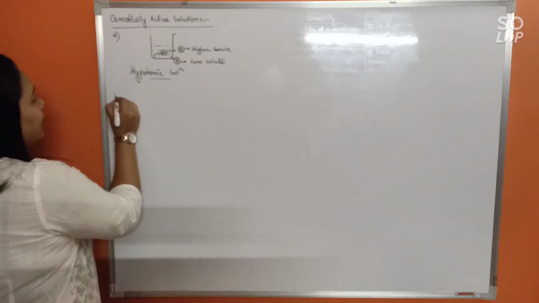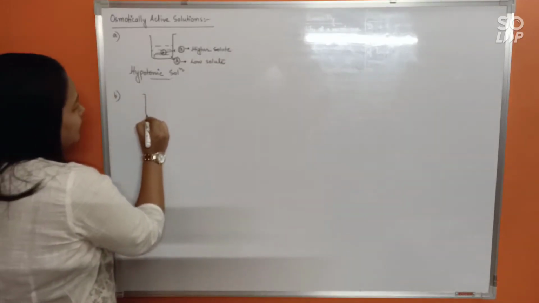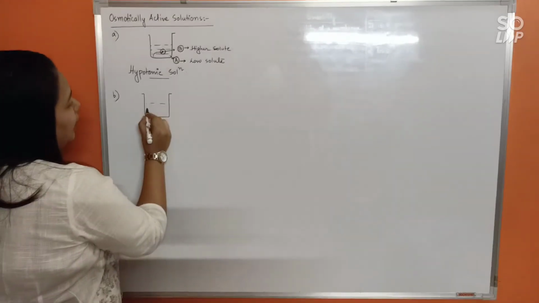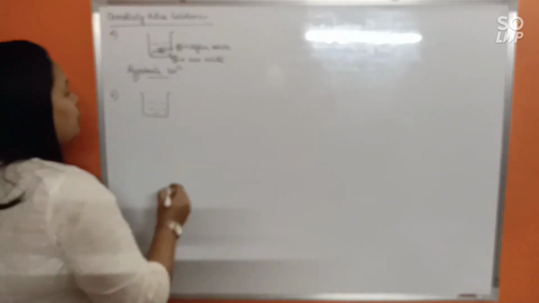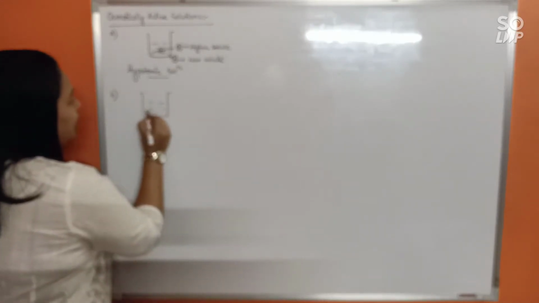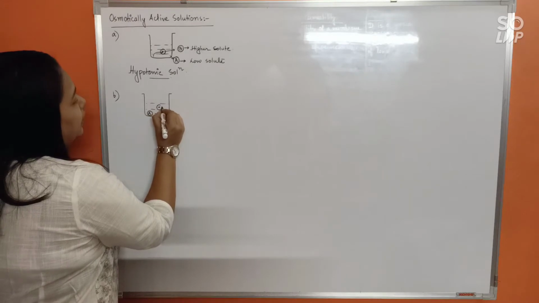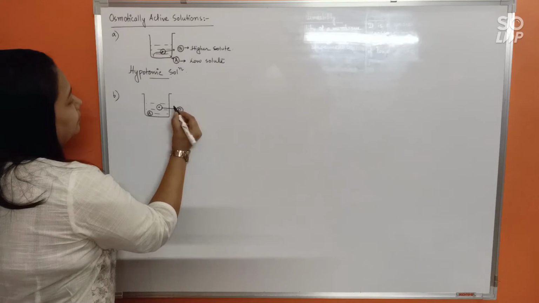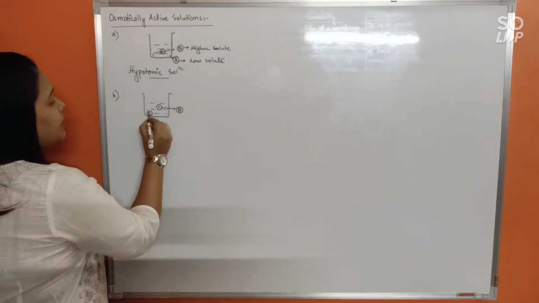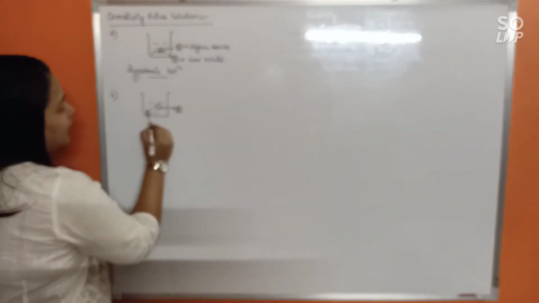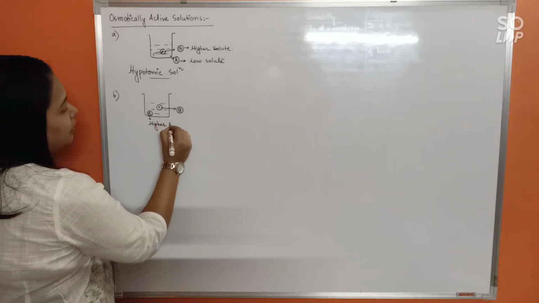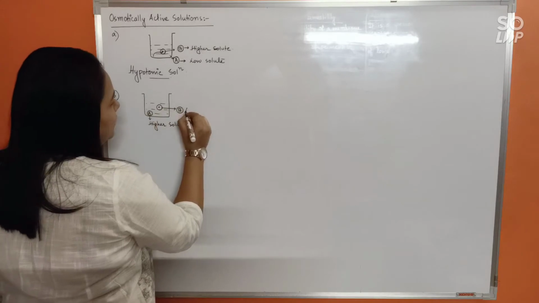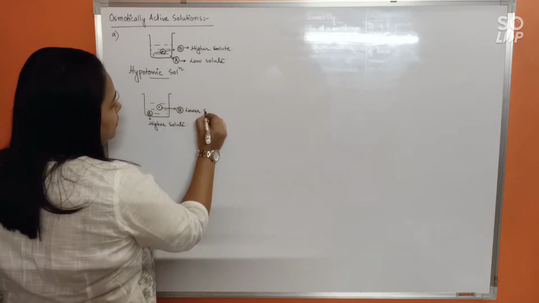Now, second, say this time I take into consideration the same apparatus. I fill a glass jar with solution A, alright, and then introduce in it an animal cell, the solution B. But this time solution A has higher solute and B, that is the cell cytoplasm, has lower solute in comparison.